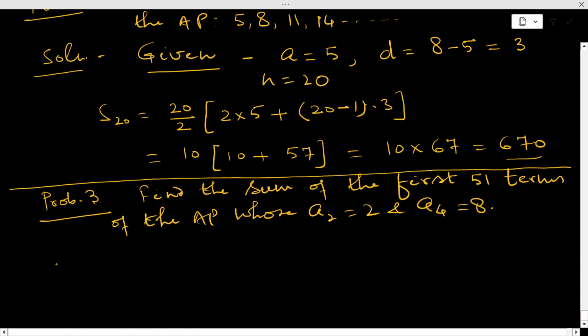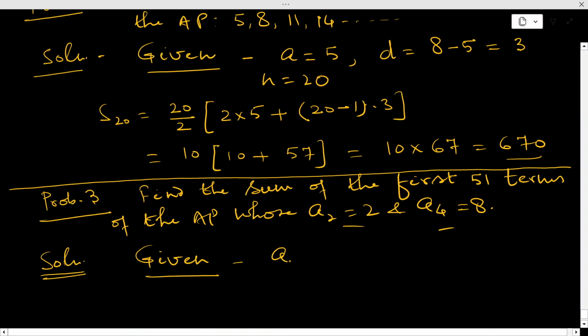So here, as you can see, in this problem we are not having the value of a, means the first term, and the value of d, means the common difference. But again, we are having these two pieces of information to determine the values of a and d. So again we start with the given information.